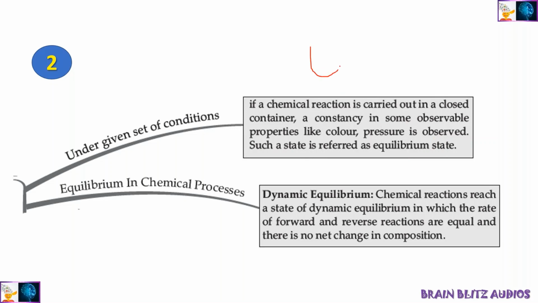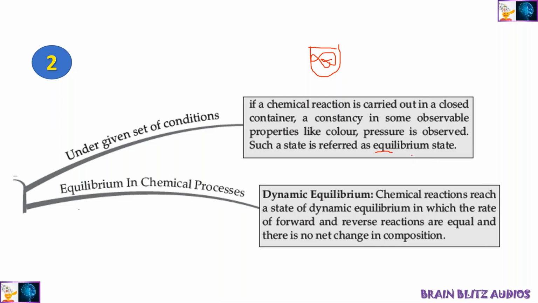Suppose we have a container which is closed on all ends, and we do some reaction here, a reversible reaction. So after some time, you'll notice that properties such as color, concentration, pressure, temperature, etc. will be the same, even though the reaction is running. This state is known as equilibrium.